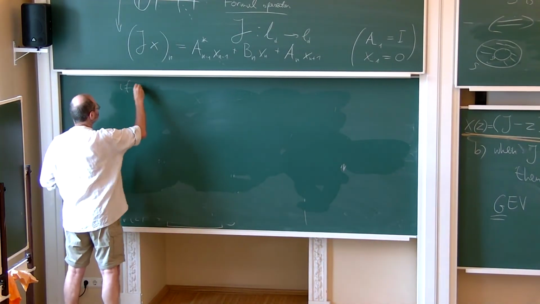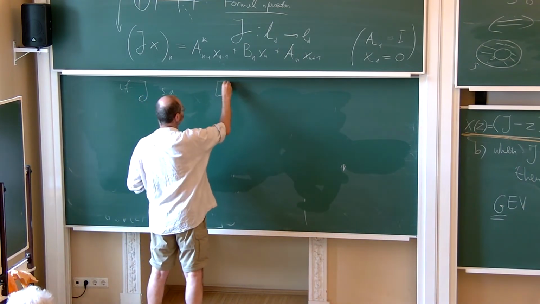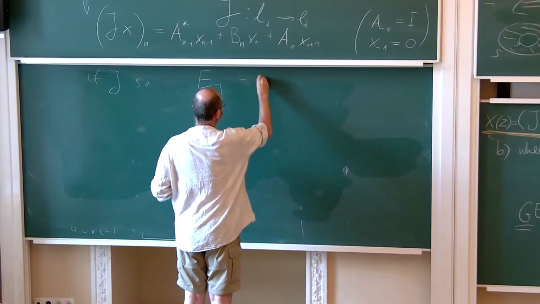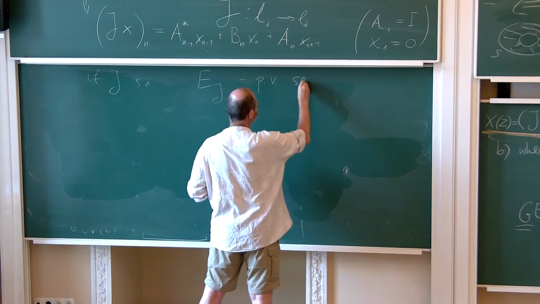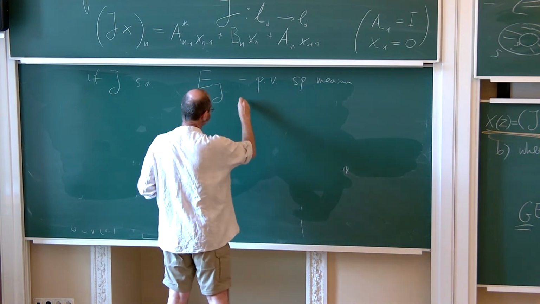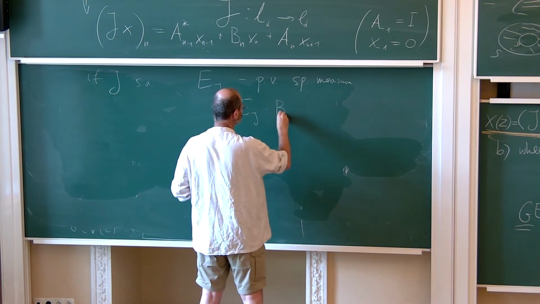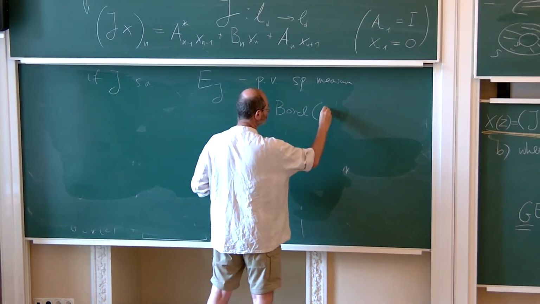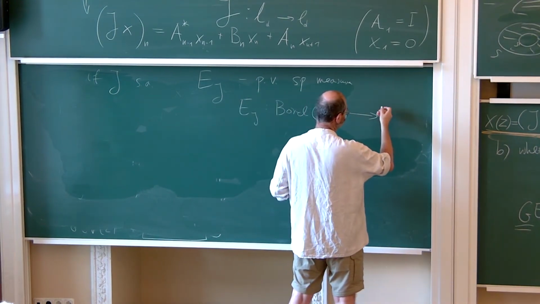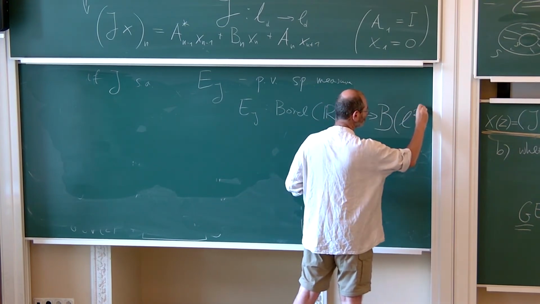So if J is self-adjoint, this is the projection valued spectral measure. What does it mean? Well, in particular, A_J is a map from Borel sets on R into the projections, generally speaking bounded operators, in our space L2.